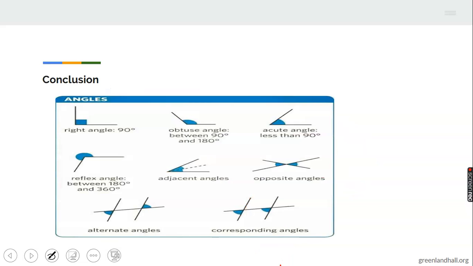Now, in conclusion, we have talked about a lot of angles today. We talked about right angles, obtuse angle between 90 and 180, acute angle less than 90, and reflex angle between 180 and 360.